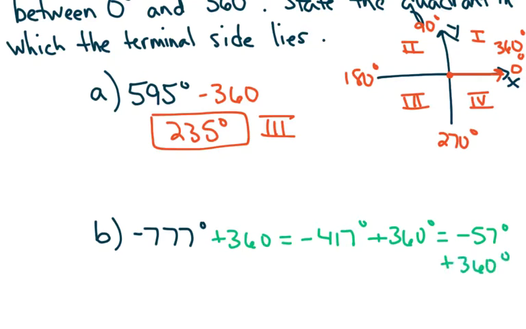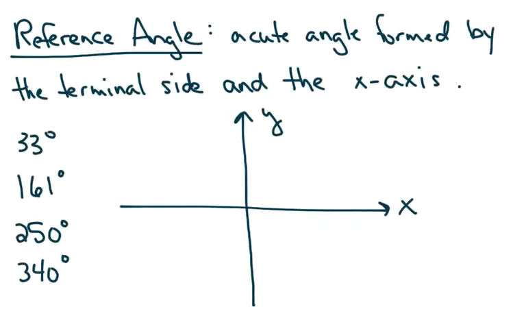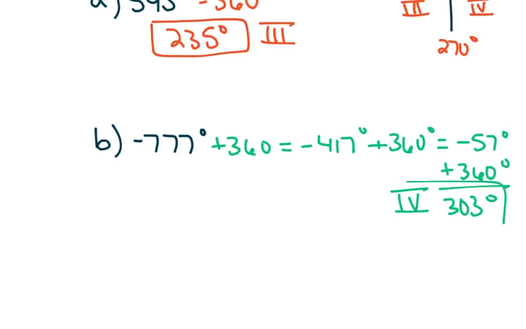And this time when I add 360, I get 303 degrees. All right, so now I have an angle between 0 and 360. If I look at this coordinate plane, 303 is between 270 and 360, so it must be in quadrant 4. Oops, sorry. Let's move that up, and there's my box.